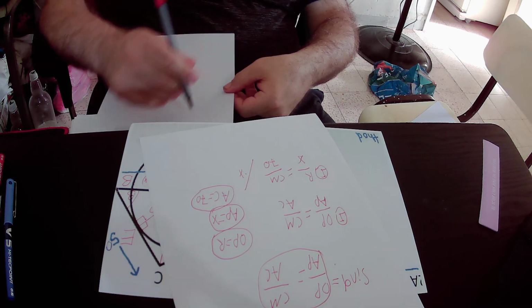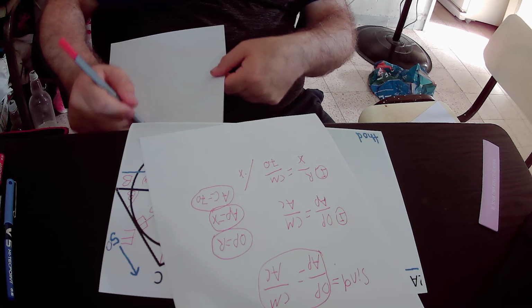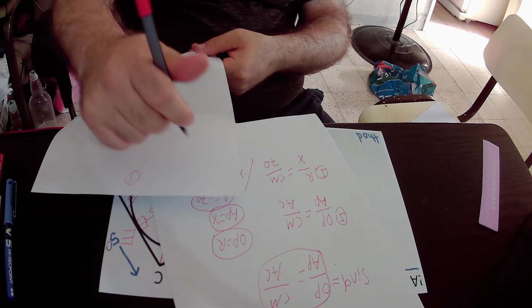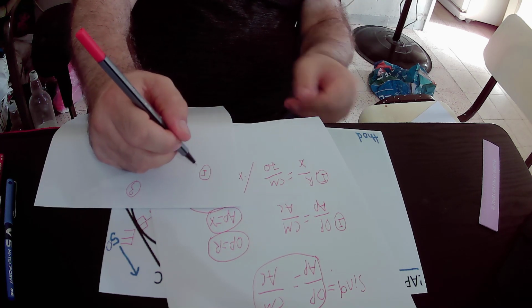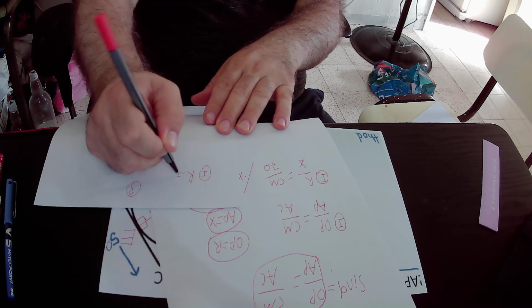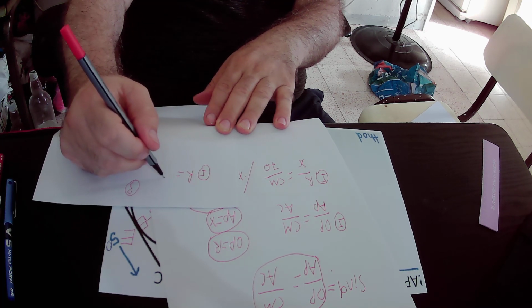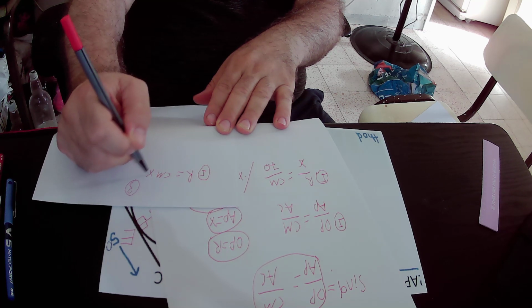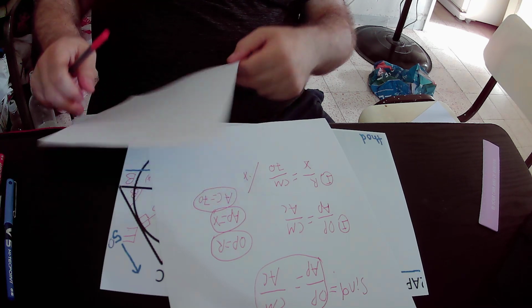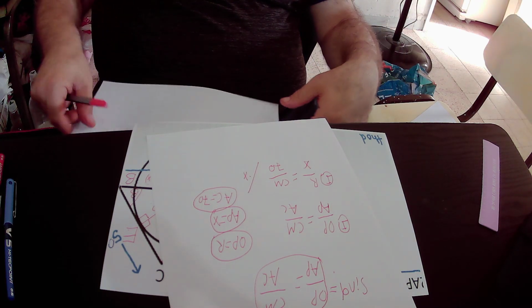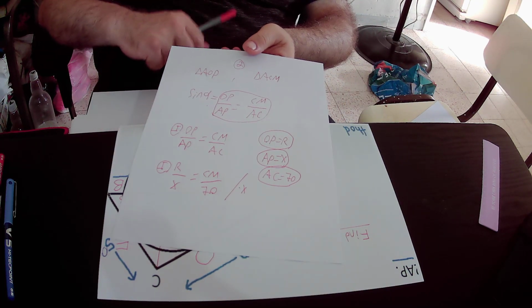So we multiply both sides of the equation by x.